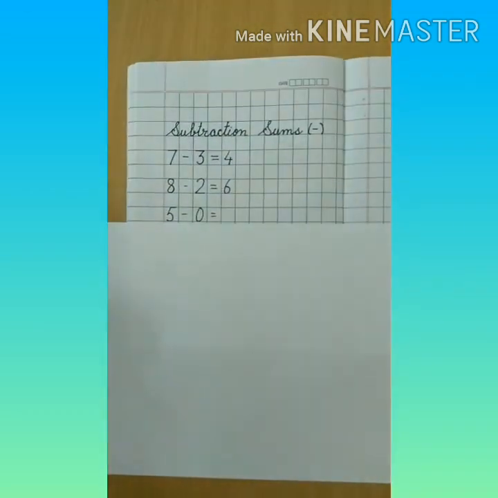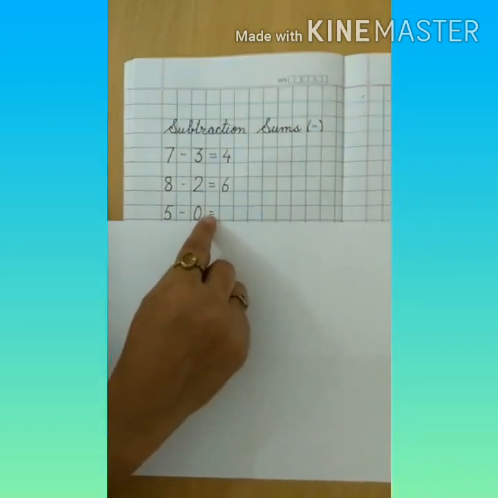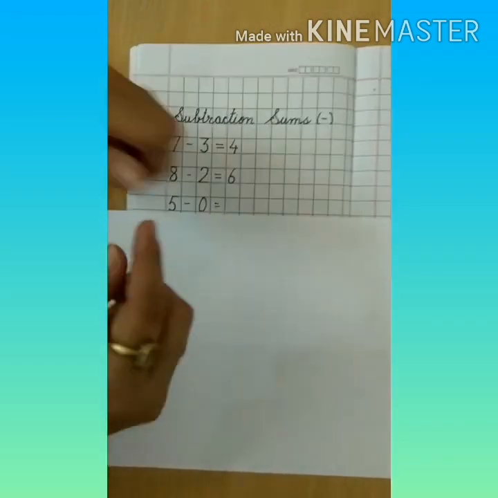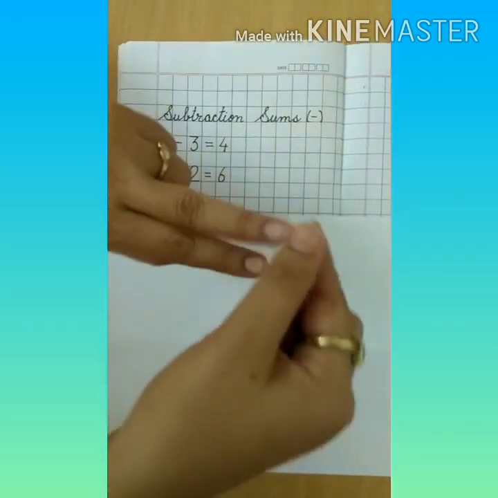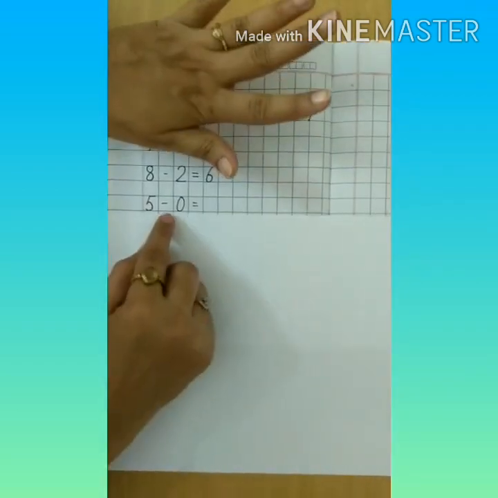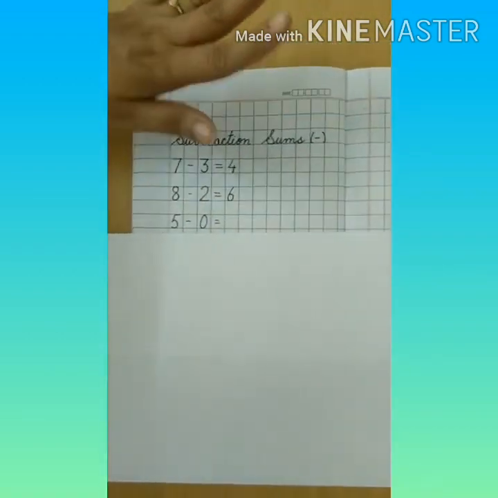Next is 5 minus 0 is equal to. We will raise 5 fingers. 1, 2, 3, 4, 5. And we have to subtract 0. 0 means nothing.